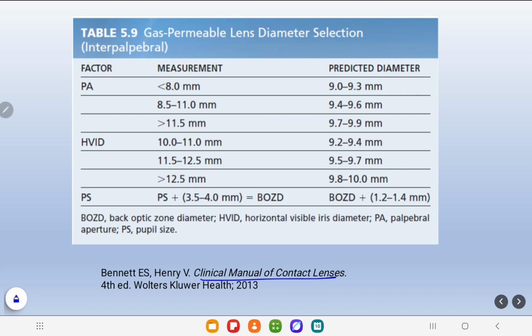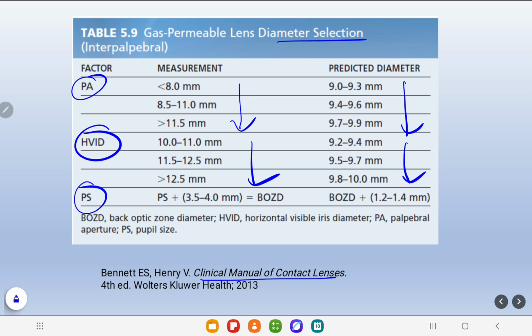See, the gas permeable lens diameter selection. What are the things to consider? Palpebral aperture: if palpebral aperture increases, diameter also increases. If SVID increases, diameter also increases. What are the rough guides? Sorry, this is pupil size.